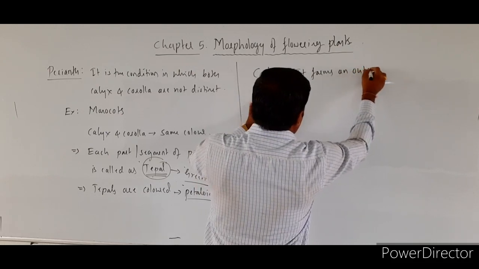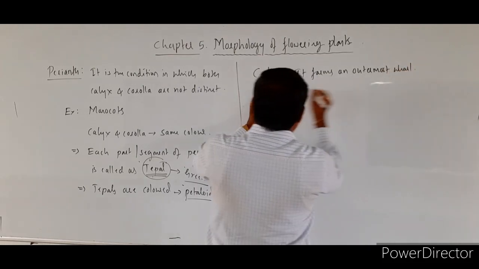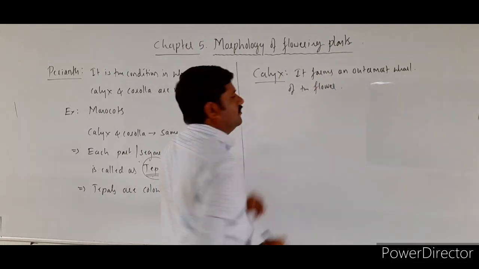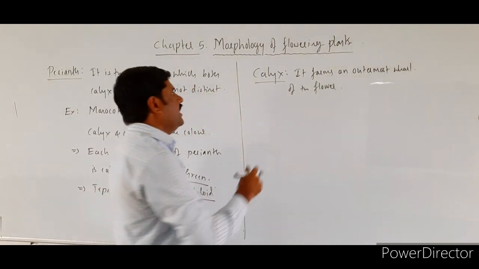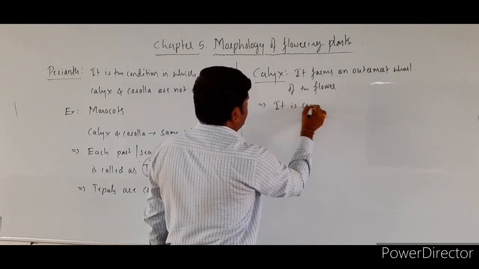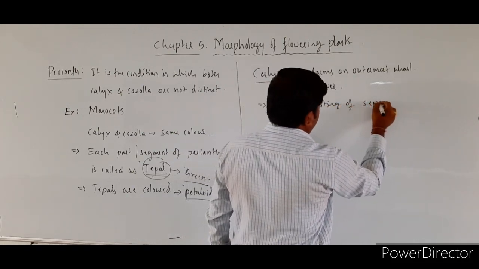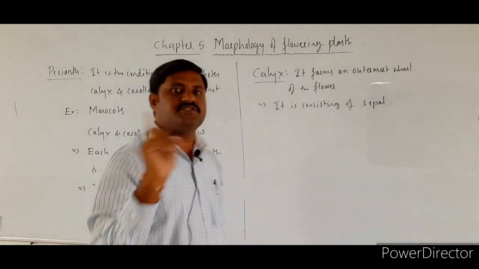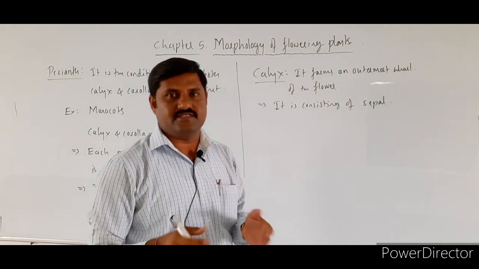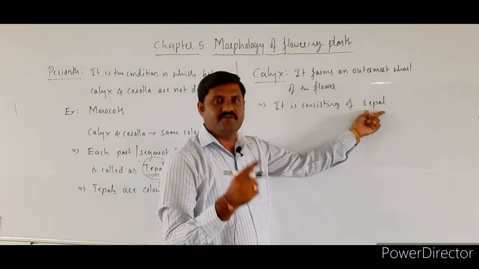This calyx consists of sepals. All the sepals together form a calyx itself. There may be 5 sepals or more present over here. These sepals all together form what?